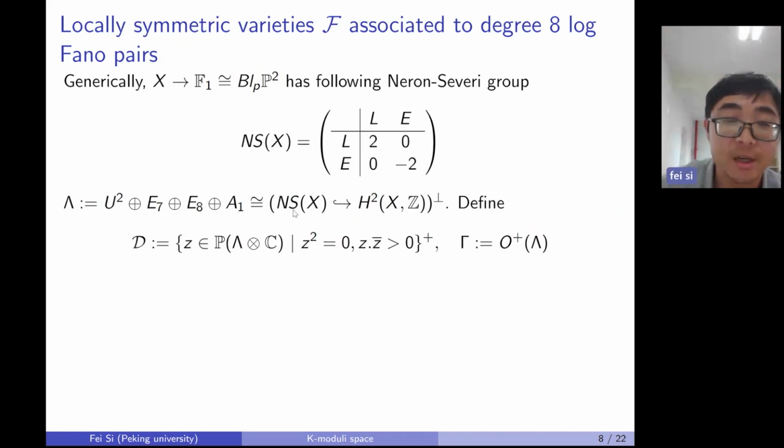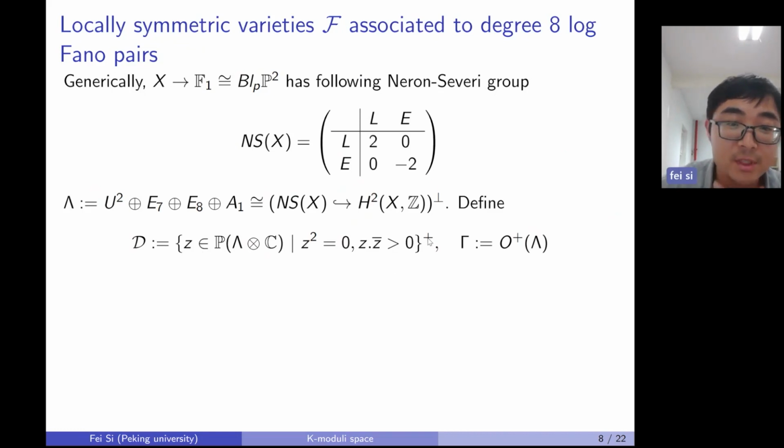So you can consider the transcendental lattice of this Picard lattice. Then you can easily compute it. This lattice is just two copies of U, that is the hyperbolic lattice, and then the E8 lattice, E7 lattice, and A1 lattice. Then we can define the period domain like this, and the period domain has two connected components.